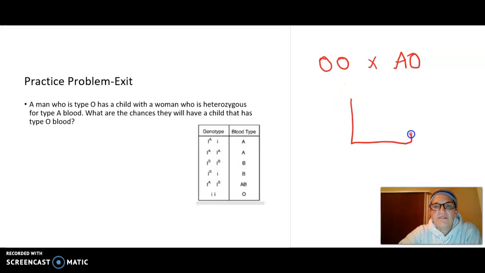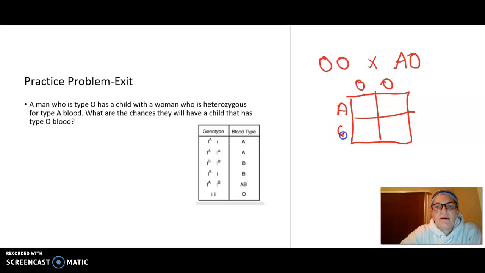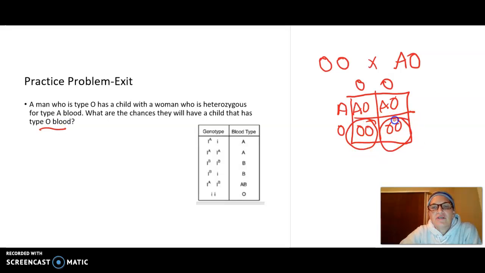Well, create a Punnett square: OO, AO, AO, and OO. So in this case, what are the chances that they'll have a child with O blood type? This child will be O, and this child will be O, and so they have a 1/2 chance of type O blood.